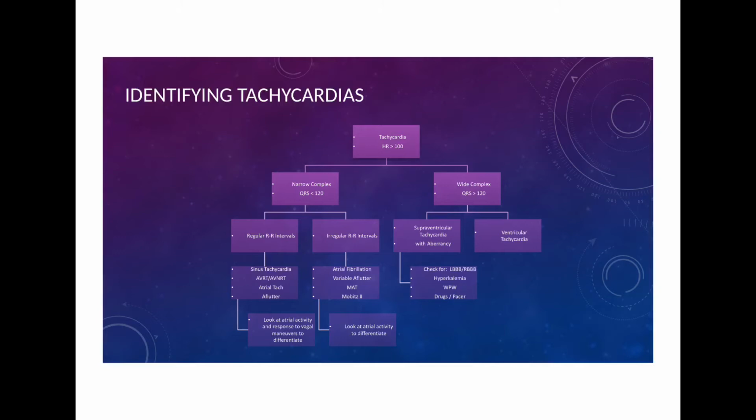And cases where this might be happening is if there's an underlying bundle branch block, if the patient's really hyperkalemic, if they have an accessory pathway, like in Wolff-Parkinson-White syndrome, or if they're on certain drugs like class 3 antiarrhythmics or class 1A antiarrhythmics, or if they're having a paced rhythm. If they don't really have any of these, you don't suspect those, then a wide complex tachycardia is ventricular tachycardia until proven otherwise.